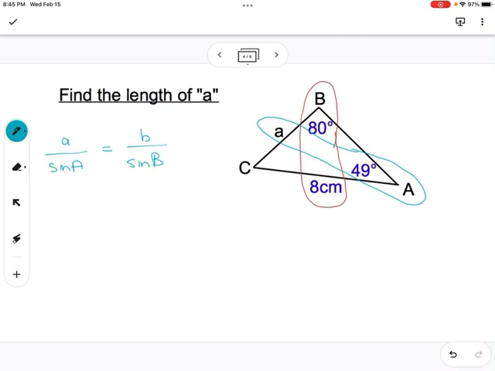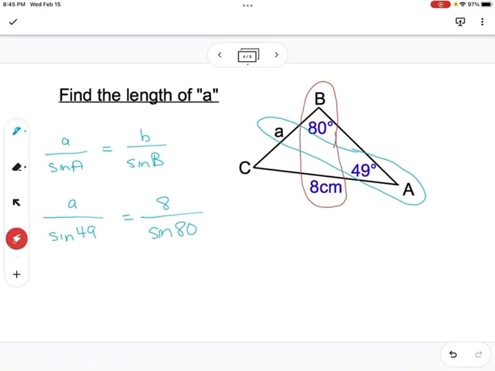Filling in what we know, we do not know the length of A, we keep that the same, over sine angle A, our angle A is 49 degrees, and we set that equal to side B, which is 8 centimeters, over sine angle B, which is 80 degrees.